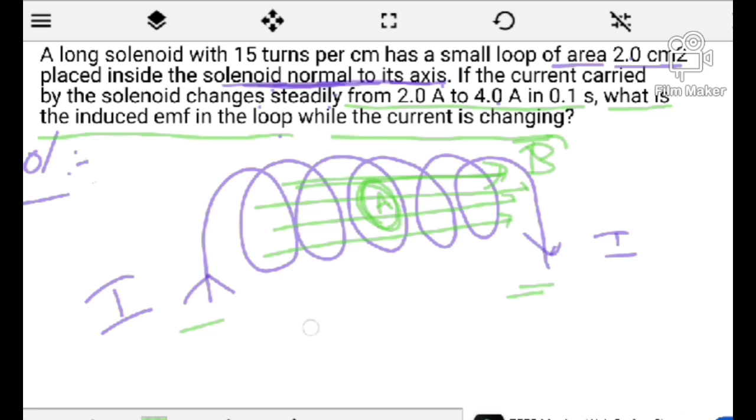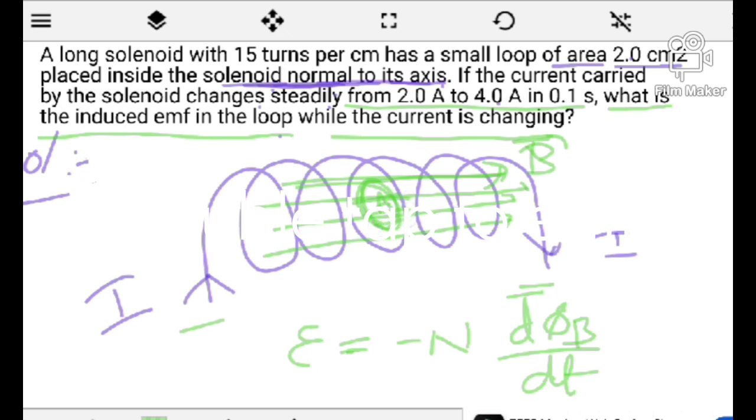So the EMF can be written as E equal to minus N d phi B by dt, where N is the number of turns in the loop and d phi B by dt is the rate of change of magnetic flux through the loop. Phi B is the magnetic flux passing through the loop.